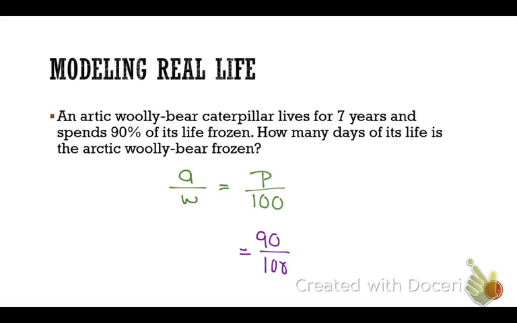Now where does the 7 go? 7 is the total amount that it lives. It lives for 7 years, and out of those 7 years, it spends 90% frozen. So how much of its life does it spend frozen? Well, that's only a part of its life.